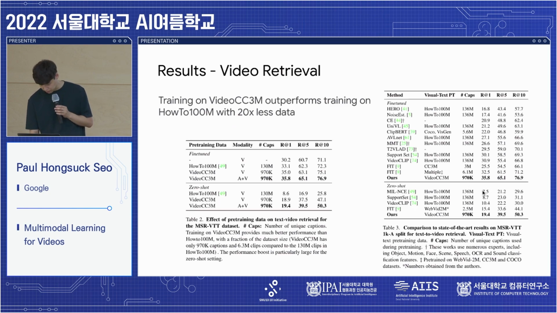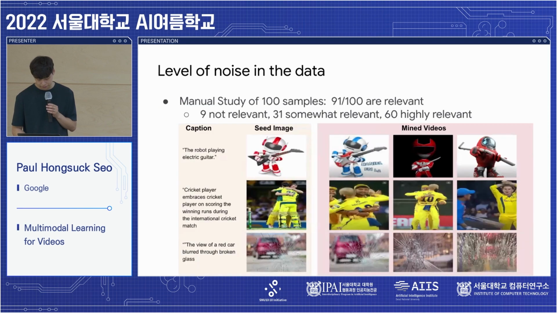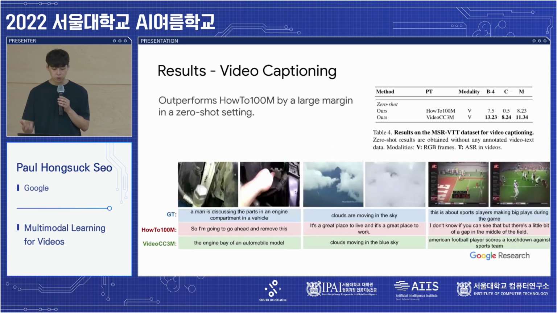These are the zero-shot performances compared to HowTo100M; our dataset is much more effective. We also performed zero-shot video captioning, and our new dataset improved the performance a lot compared to HowTo100M.